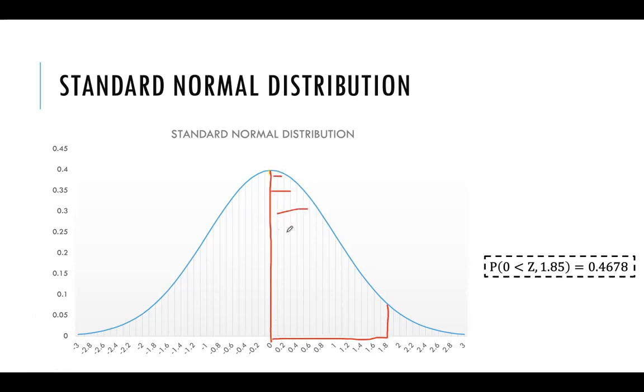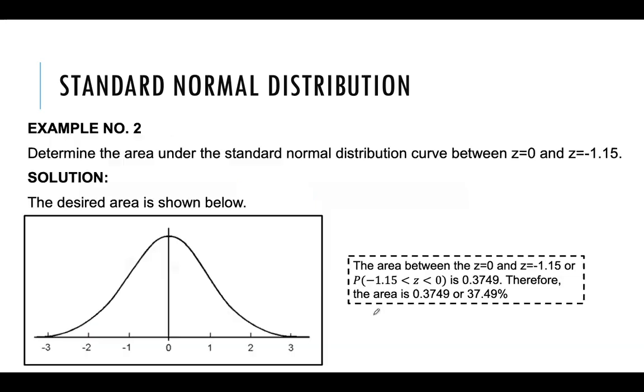Based on table 2.9, the area between the z value of 0 and 1.85 is 0.4678 or 46.78%.